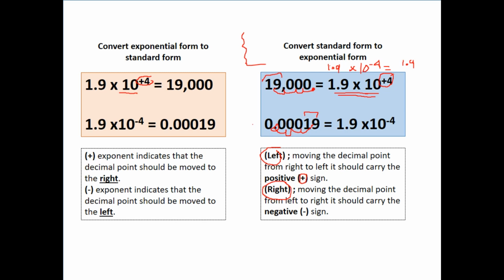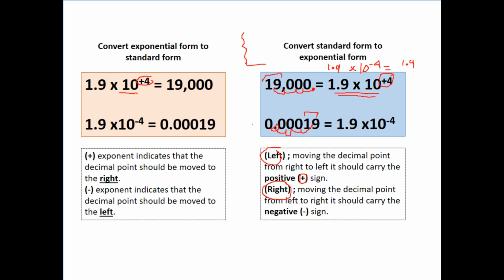So we will count from the very end of 19,000, 4 times: 1, 2, 3, and 4. Since you are coming from the right to left, we make it positive. Earlier it was negative, but now it is positive, because earlier we were converting exponential form to standard form.